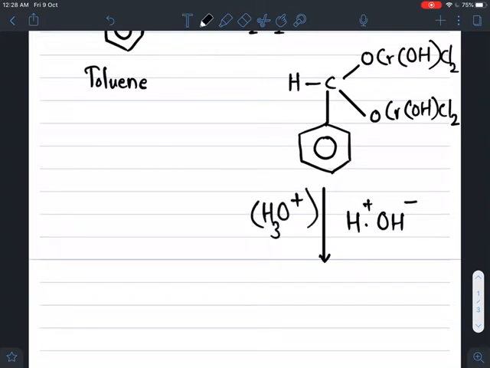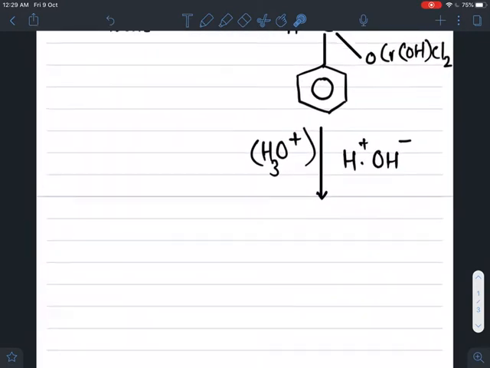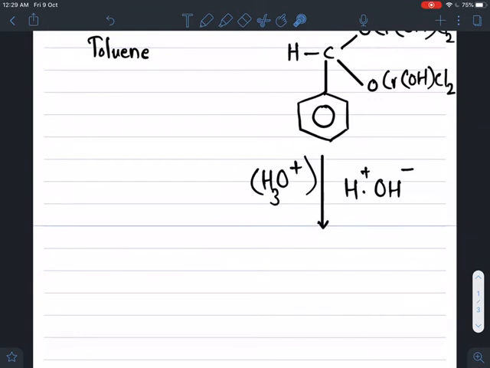So addition of water takes place, called acid hydrolysis, and the bonds break between carbon and oxygen and between oxygen and chromium, and we get the final product, which is nothing but benzaldehyde.